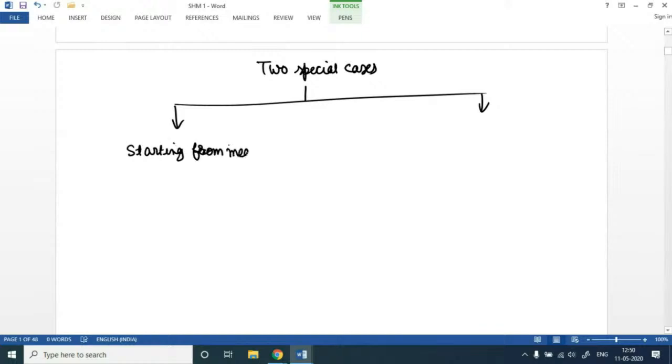Either they give starting from mean position, that is one of the special cases, and the another is starting from extreme position.